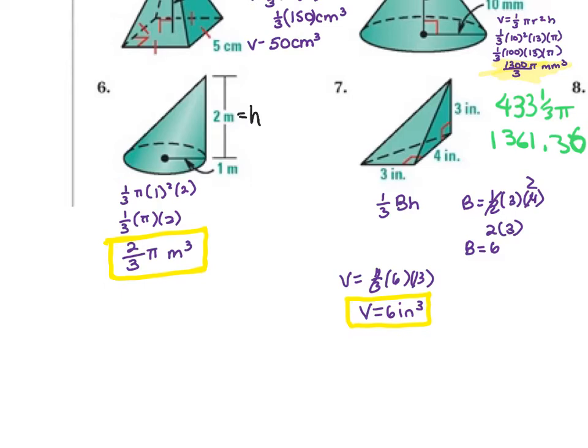Now, if you went ahead and multiplied 2/3 times pi, you would have gotten 2.09 meters cubed. Number 7, this one they gave us everything we needed. It was a triangular pyramid, and here we would find the area of the base, which is 3 times 4 divided by 2, and then multiply it by the height, and you get 6 inches cubed.